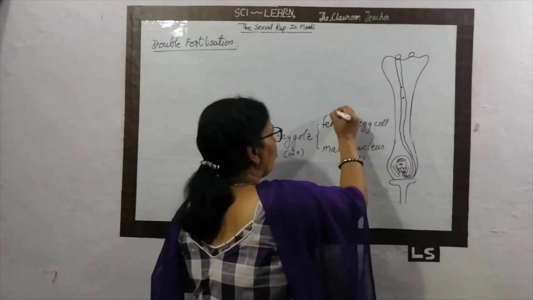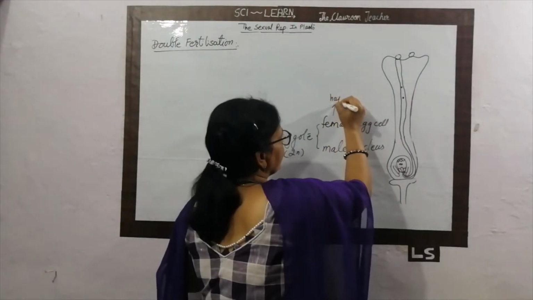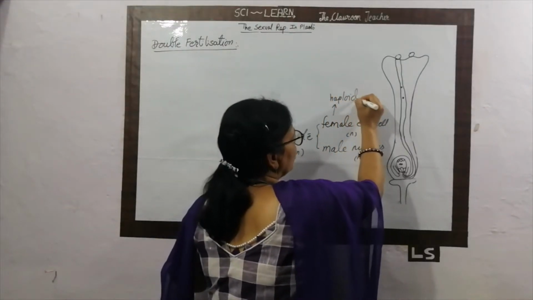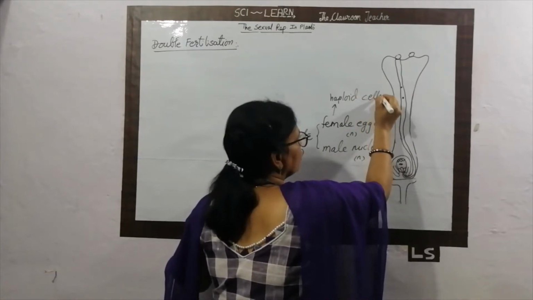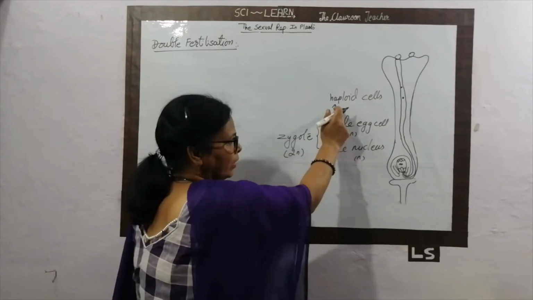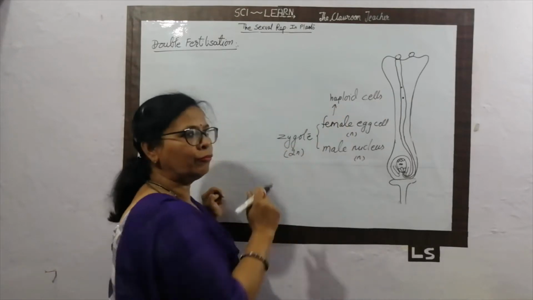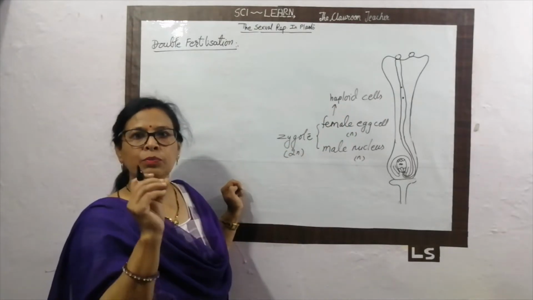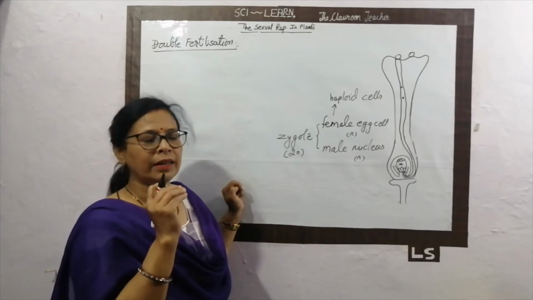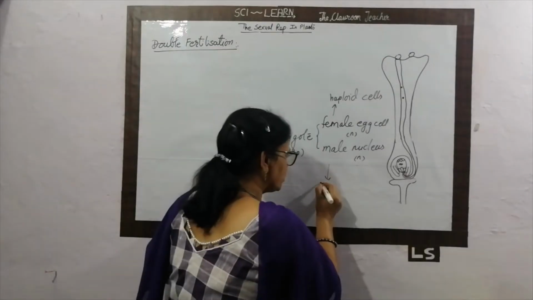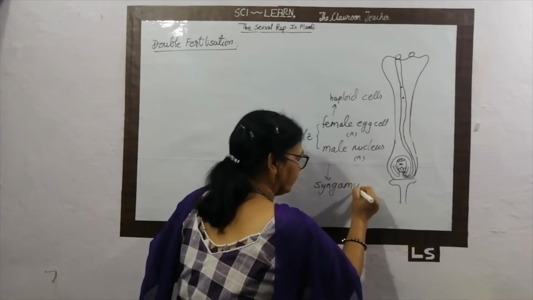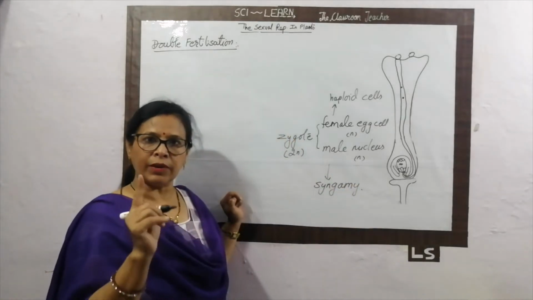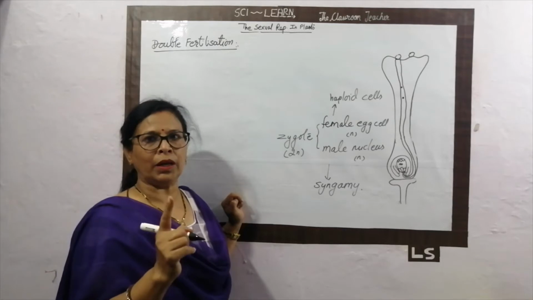It means haploid cells 1 and 2 combine to form one diploid cell, and this process is called syngamy. This is the work performed by the one male nucleus.